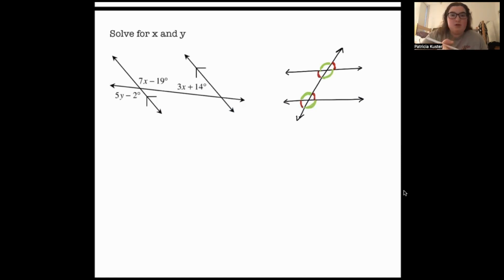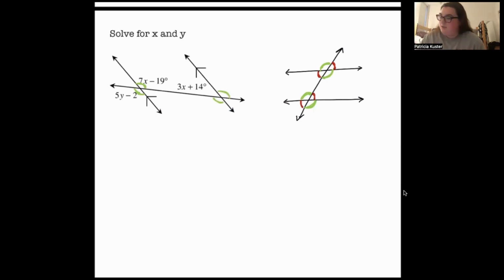So when you're given a question where you have to use algebra, you basically can look and say, okay, what angles am I given in this diagram? And how do I use the fact that your obtuse plus your acute are going to add up to 180? So in this case, this is the obtuse angle, which means so is this, and so is this, and so is this.